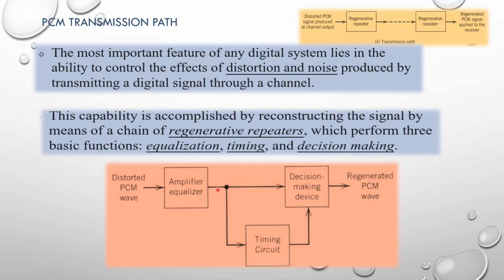The output of the amplifier equalizer we apply to the decision making device, and the same output again we apply to the timing circuit. The output of the timing circuit is again connected to the decision making device. So across the decision making device we receive the undistorted or less distorted regenerated PCM wave.